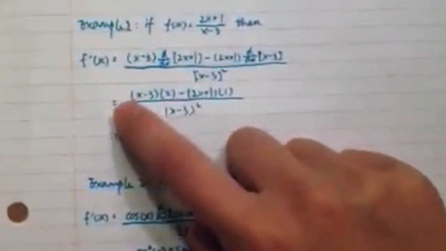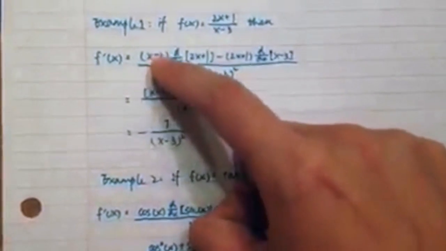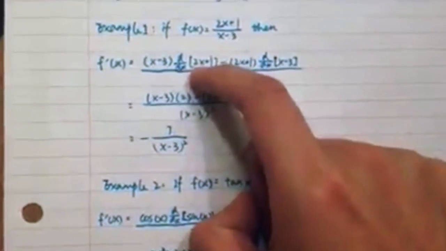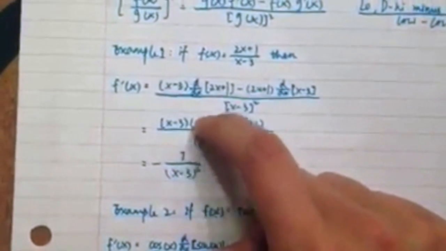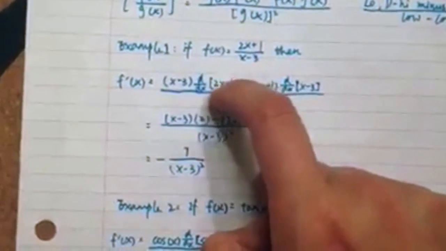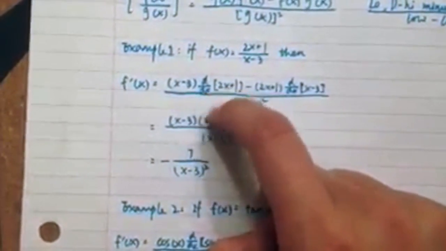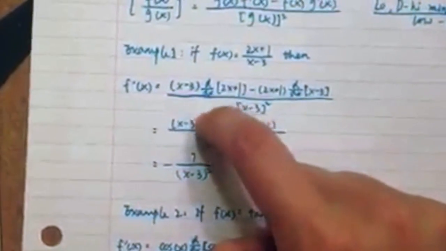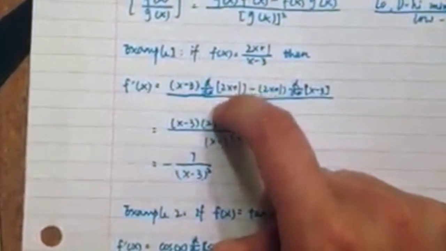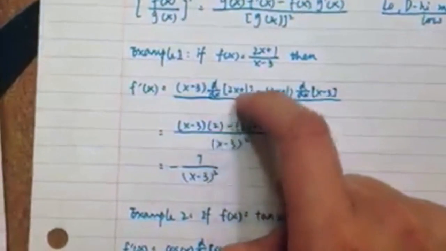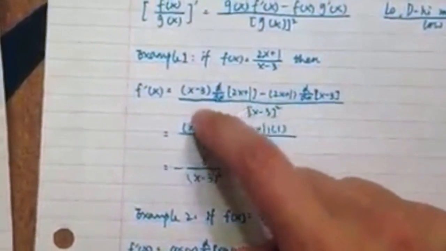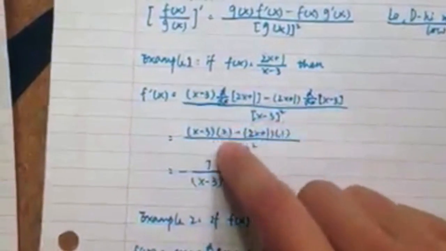After that, we take the derivative of 2x plus 1, and as we mentioned before, using the power rule, we know that the derivative of 2x plus 1 is equal to 2 times x to the 0, which is 2 times 1, which is equal to 2.